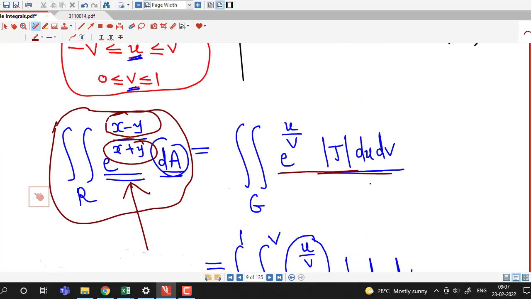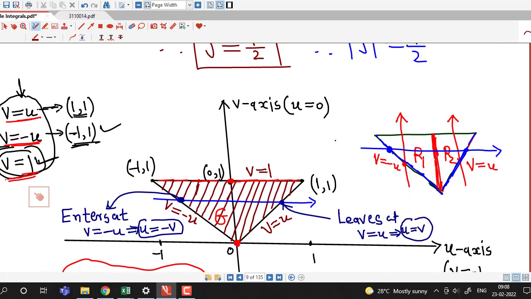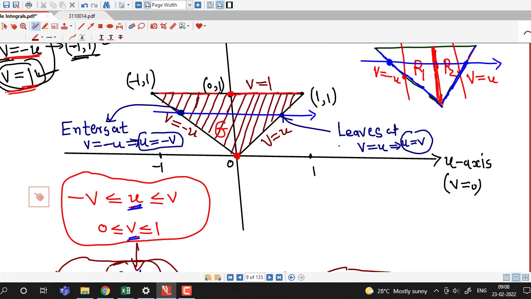All we have to take care is we have to find out the region corresponding to the region in the xy plane. We have to remember that this dx dy will be replaced by absolute value of Jacobian times du dv, and we have to convert everything which is in terms of x and y in terms of u and v, and we have to decide the limits of integration for new variables u and v.